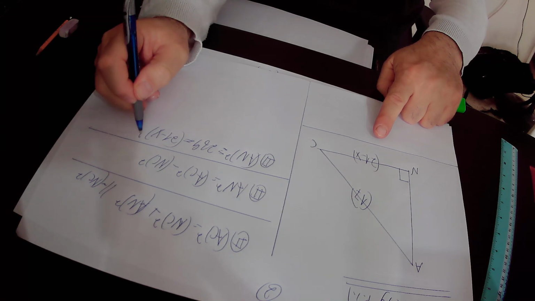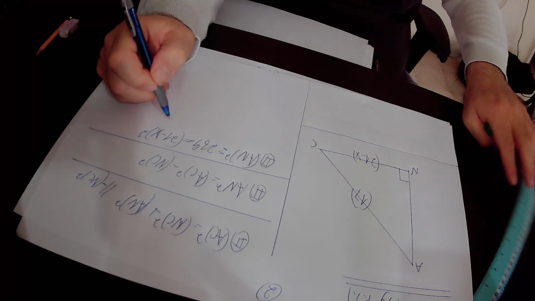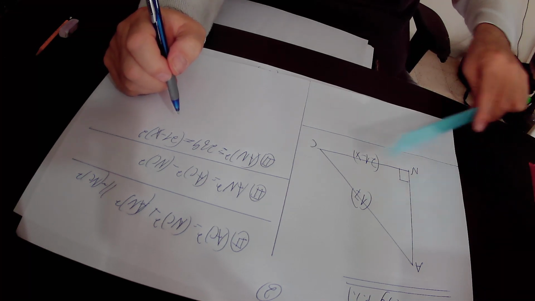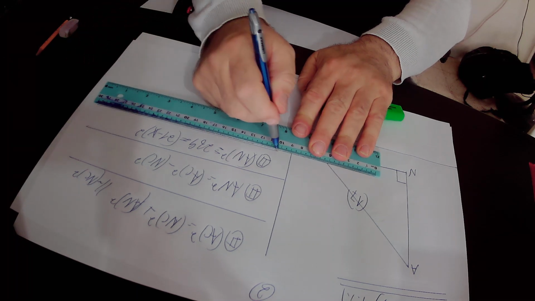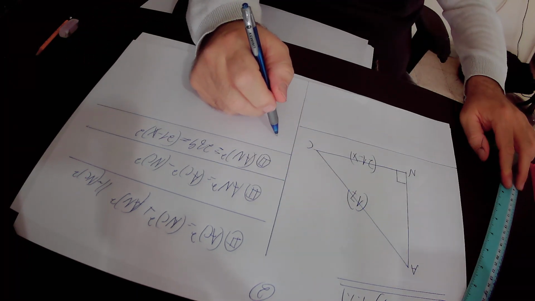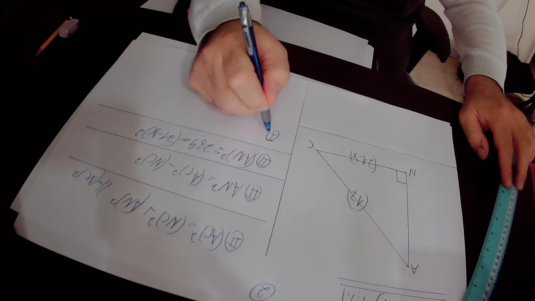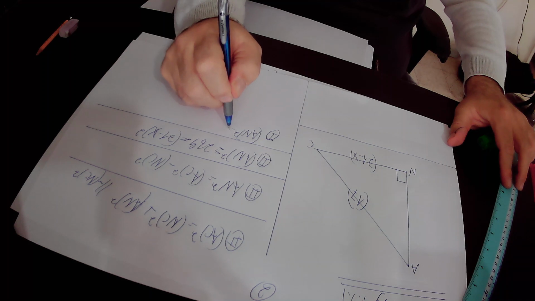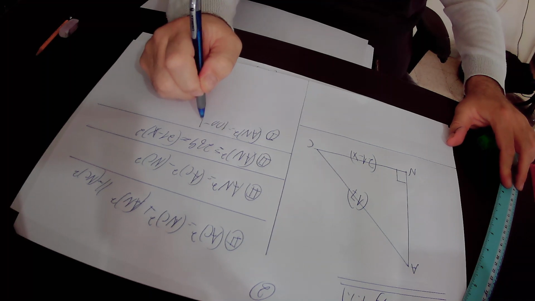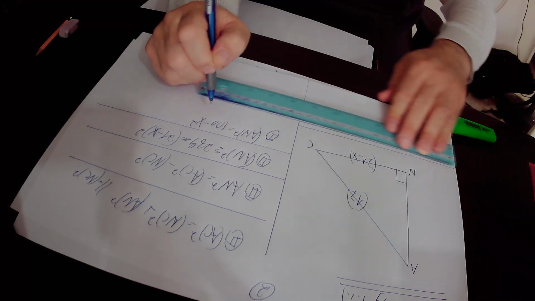So according to equation 2, AN squared equals 289 minus (21 minus x) squared. According to equation 1, we have already found out that AN squared equals 100 minus x squared.